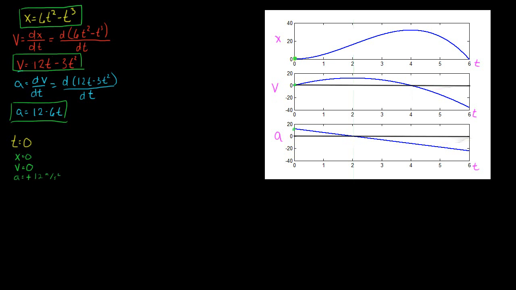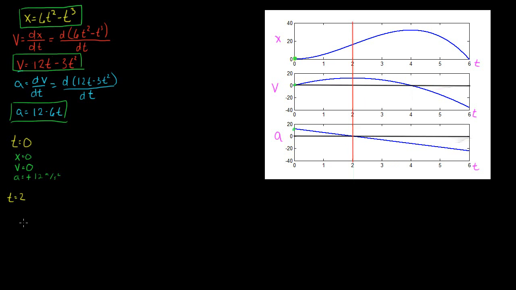But let's keep looking at what happens. If we look at our next time interval, the next big thing that happens is when our time is equal to 2 seconds. So when our time is equal to 2 seconds, right here, we notice that our acceleration is crossing 0.